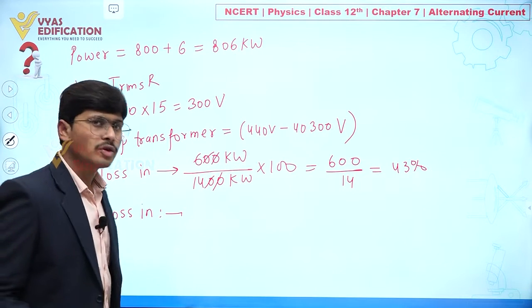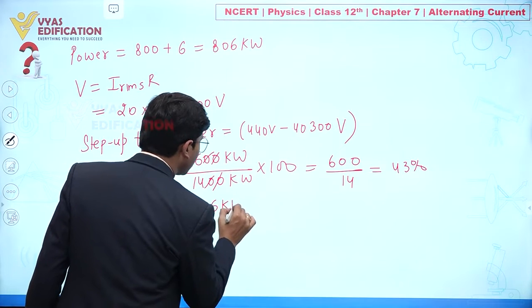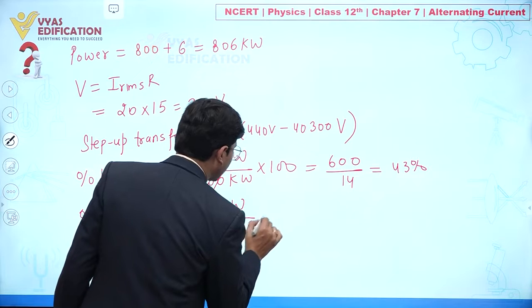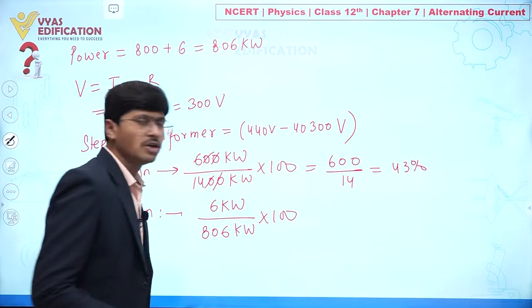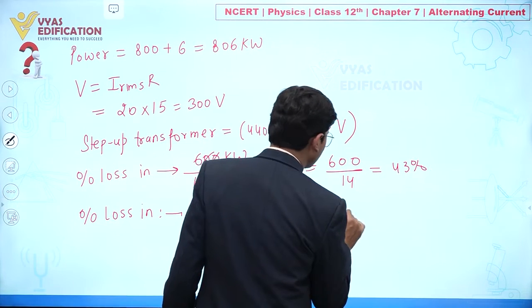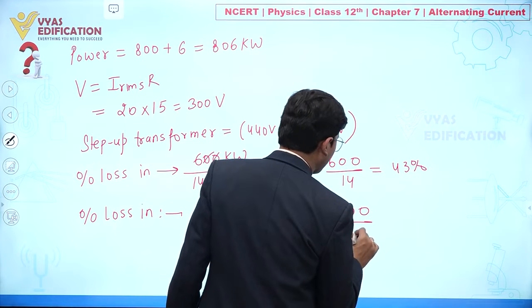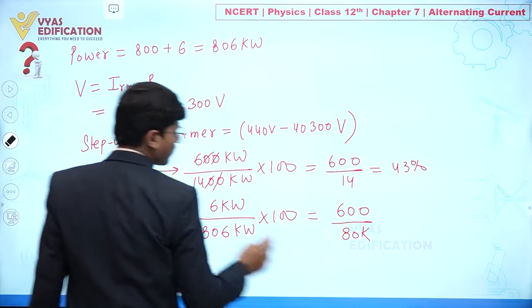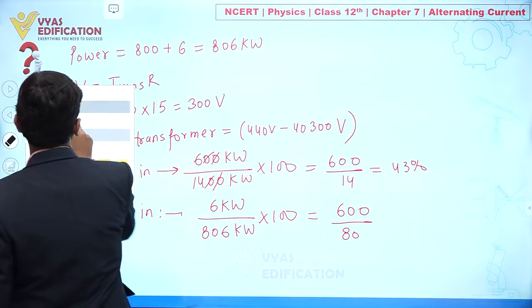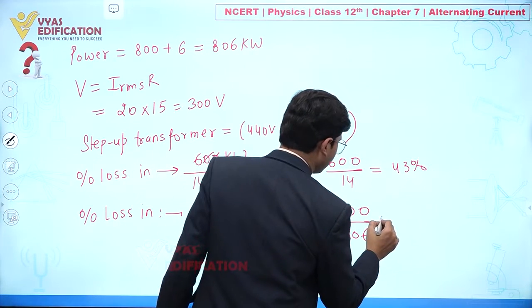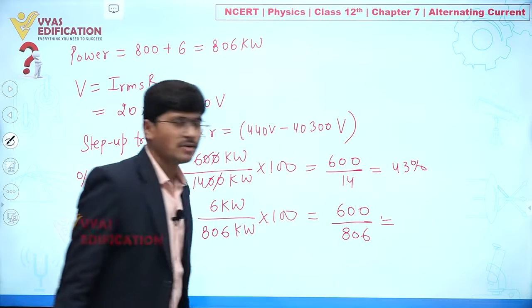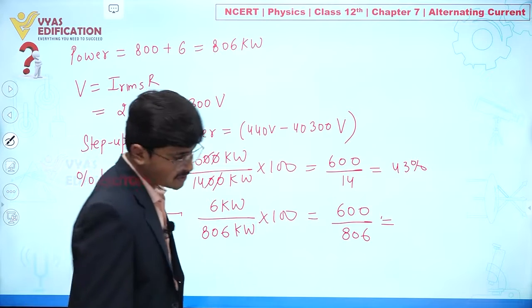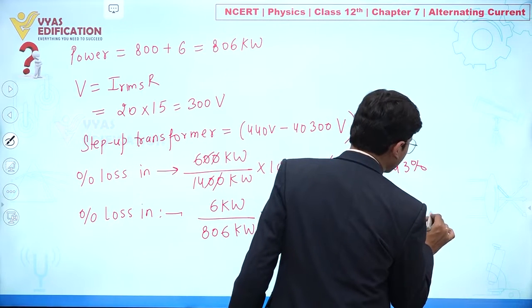But in this particular question, only 6 kilowatt power is lost and the input is 806 kilowatt, multiplied with 100. So this is 6 divided by 806, which is less than 1, so we get a percentage of 0.74%.